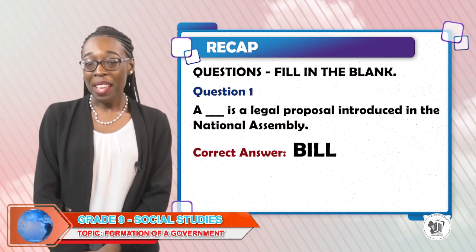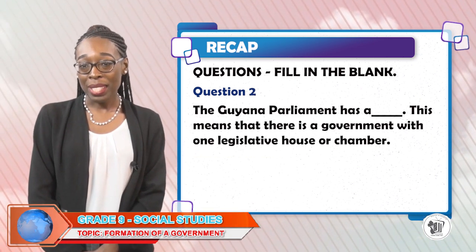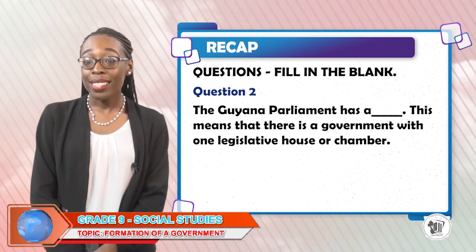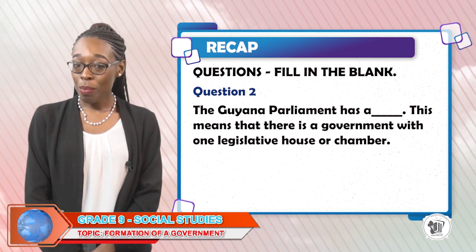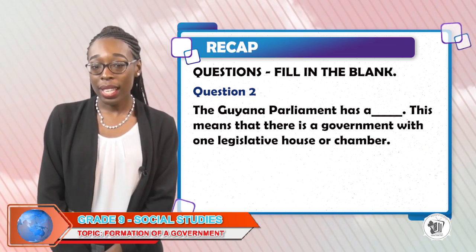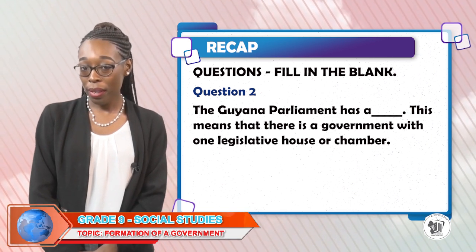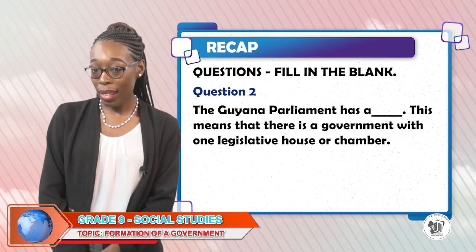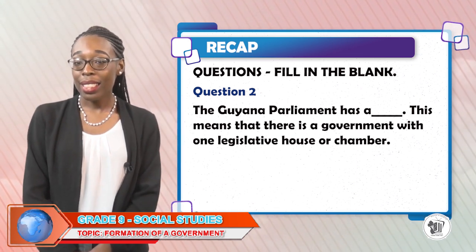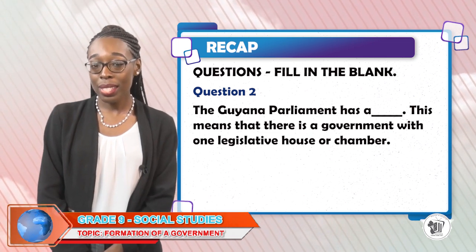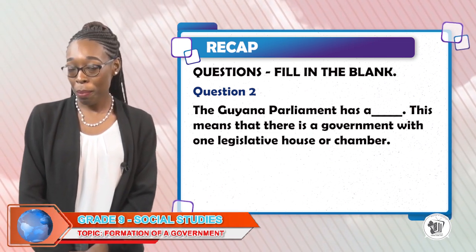Good job. Let's have the second fill in the blank question. The Guyana Parliament has a something. This means that there is a government with one legislative house or one chamber.